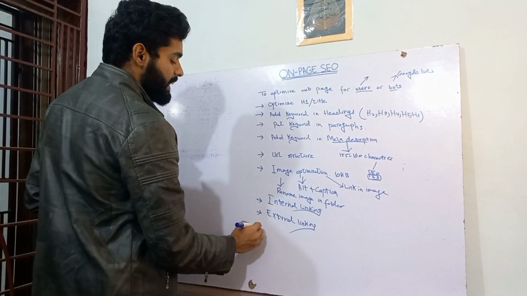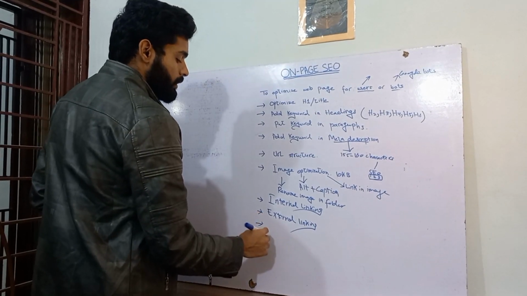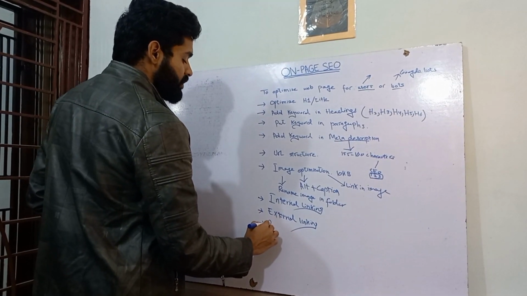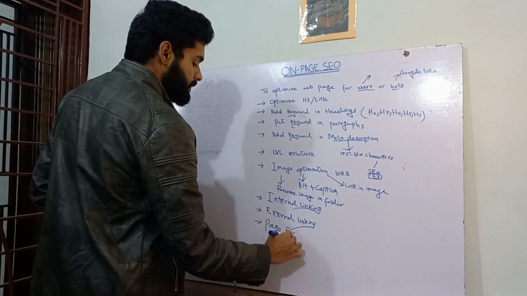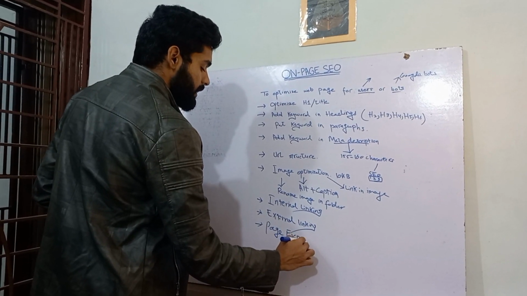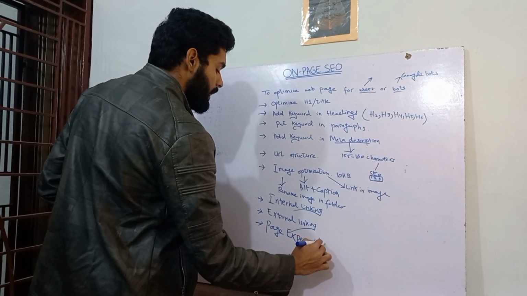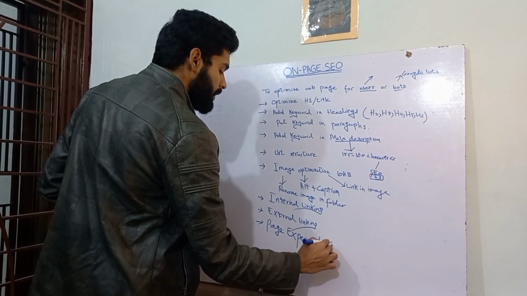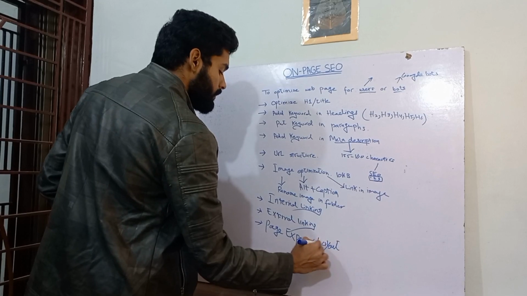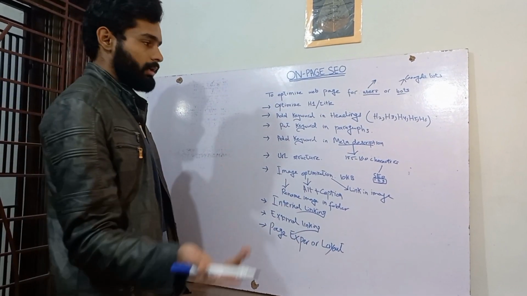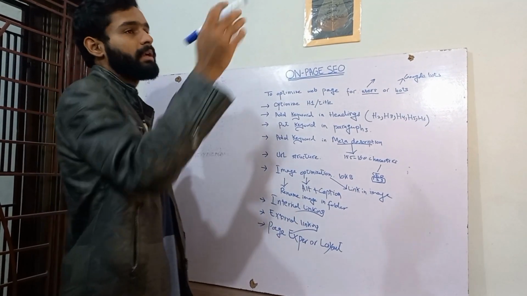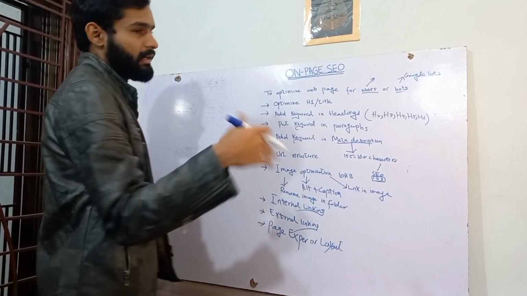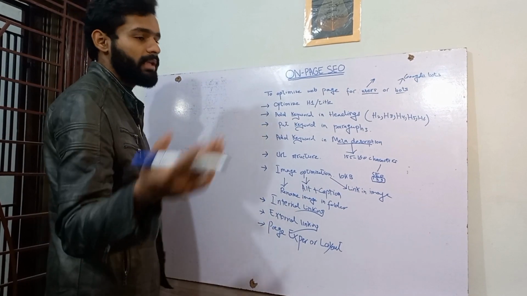The other thing is that you have to provide a best page experience or layout. If your page is not good, for example you use a black background but silver color text above the black, your content will look dull and not nice.